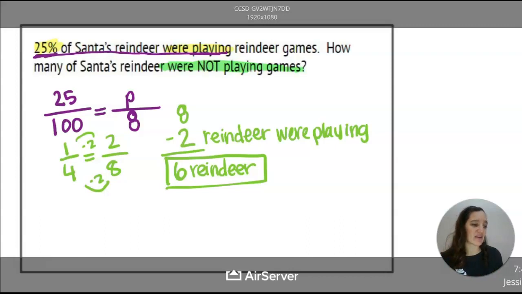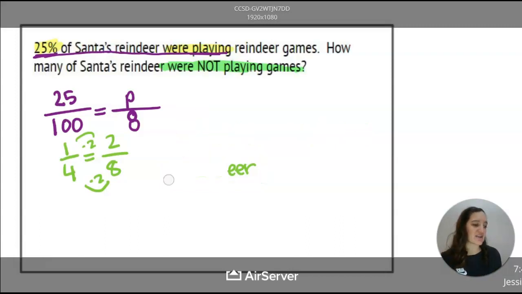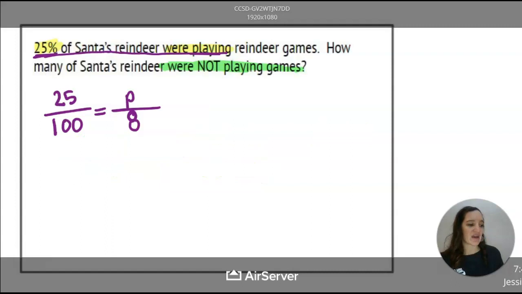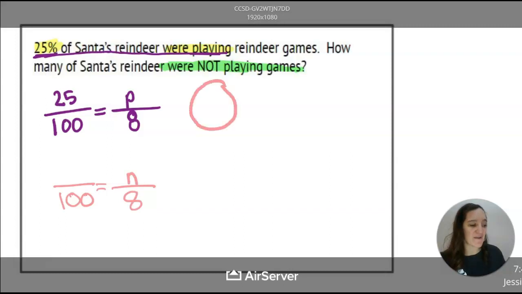Let's go back here though, and let me show you a different strategy that might make more sense to you. When we are back to this problem, when we know that 25% is the percent that were playing, well, we can solve this problem with the percent that were not playing reindeer games. So if 25% were playing reindeer games, then what is the percent that were not playing?